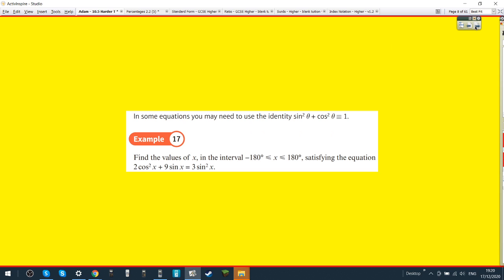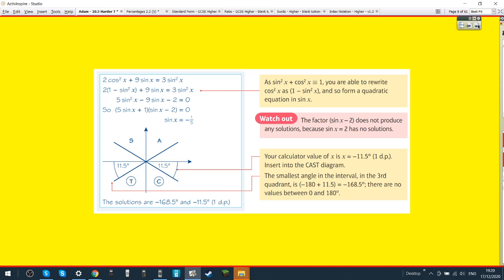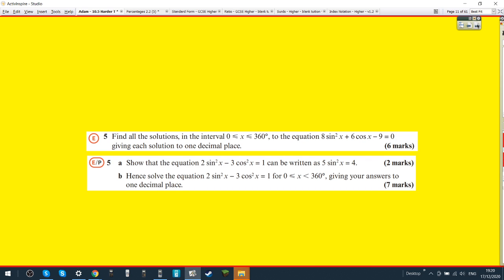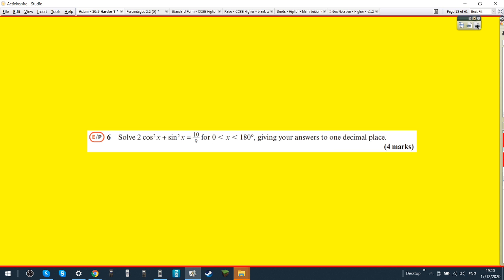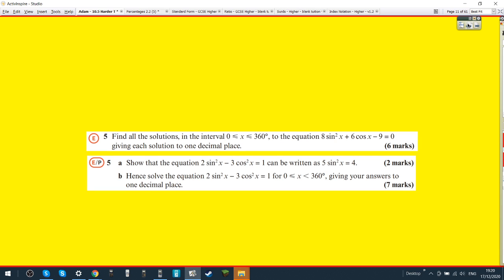Let's see this one. Ooh, they get weird. Oh, they do. They don't. Okay. I like the look of that one. Yeah, let's try. No. Do I not? Maybe. 5 sine squared.